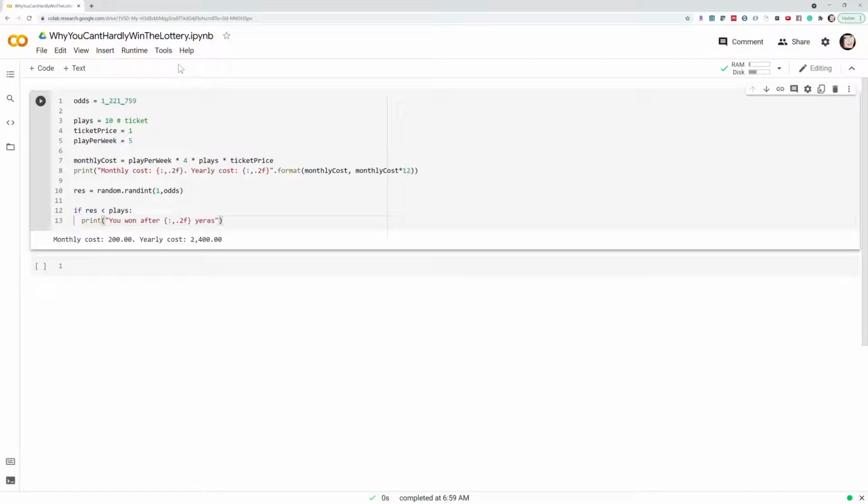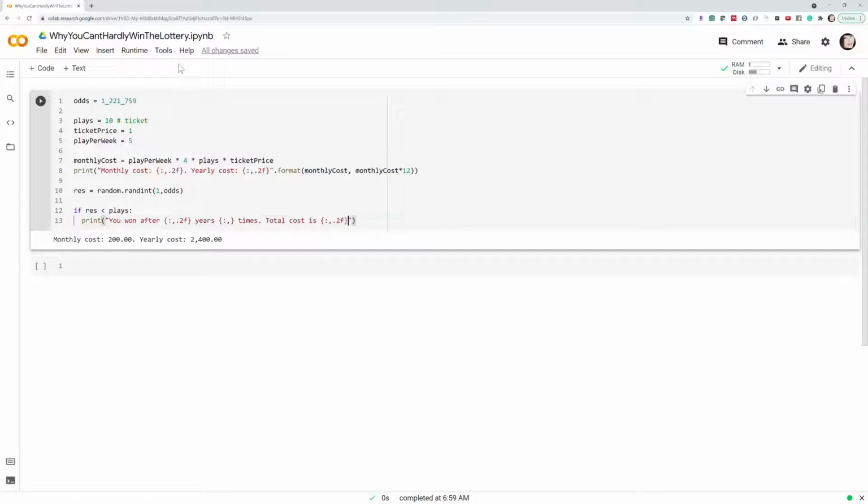The years after you play many times, okay? Now we want to know the total cost. The total cost is, let's say, how many times you have to play and what is the cost of playing, right?